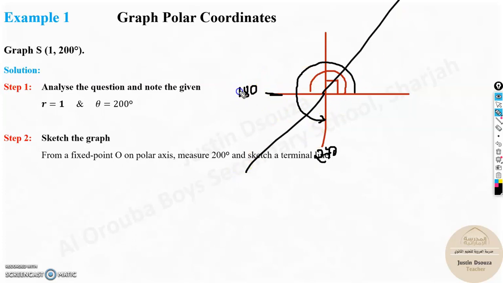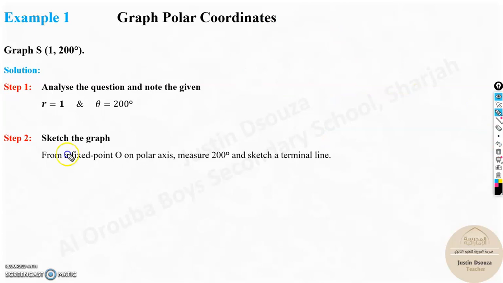If it is 210, it's 30 degrees from 180, so it's something like this. 240, something like this. Same way, 150 is just 30 degrees less than 180, so it'll be down, sorry. I'm just trying to make you understand this. Be thorough with the coordinates, all the four quadrants and the angle.